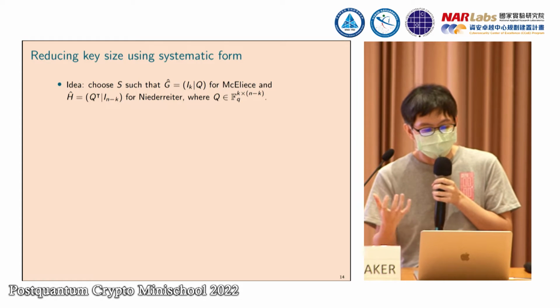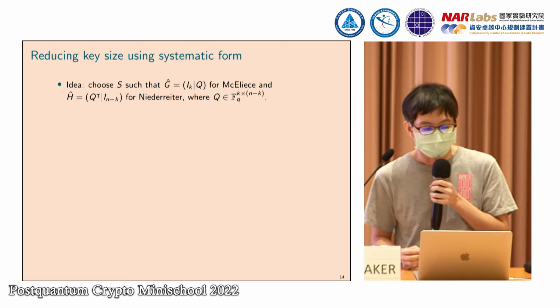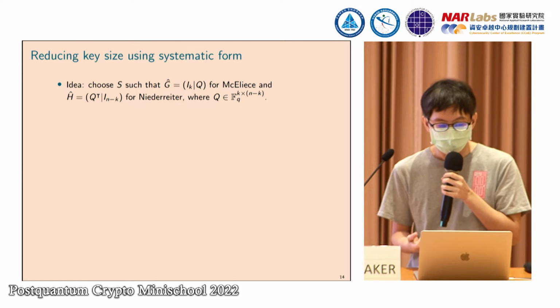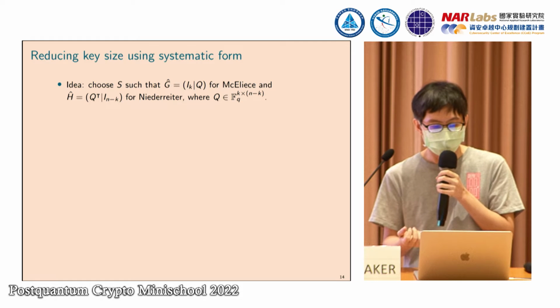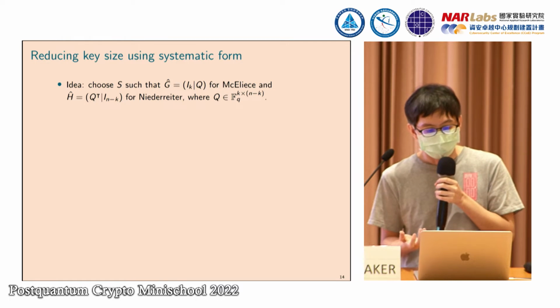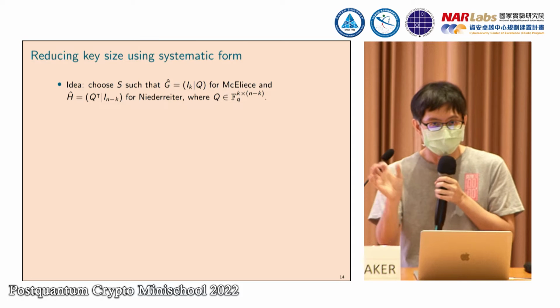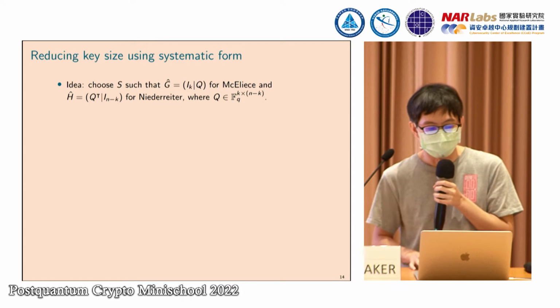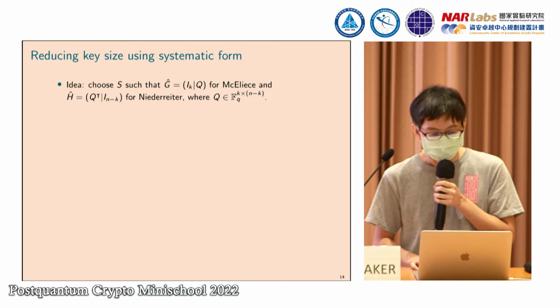Similarly, if you have an identity matrix in the parity check matrix, we can also say that this is a parity check matrix in systematic form. It doesn't really matter where the identity matrix is. It's just that we need it to be somewhere in the public key.